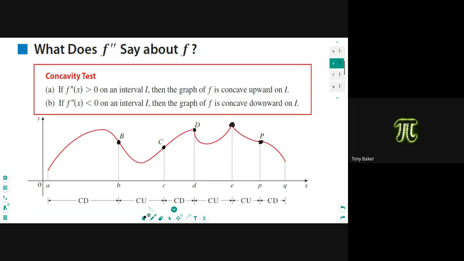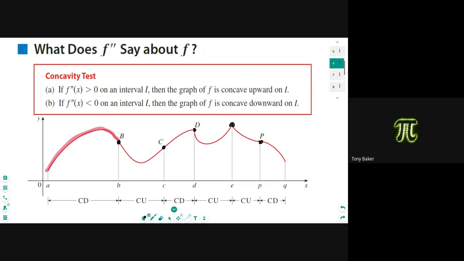Concavity tells you how it's curved. So this is concave down. Concave down is where the second derivative is negative. Okay. The easiest way to remember it is if you're frowning, you're negative.